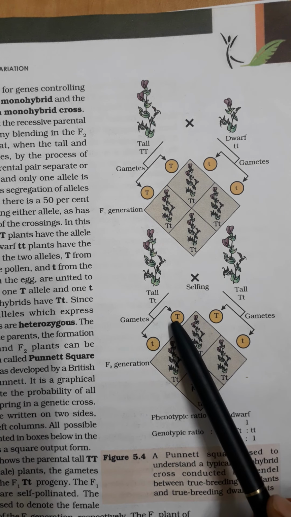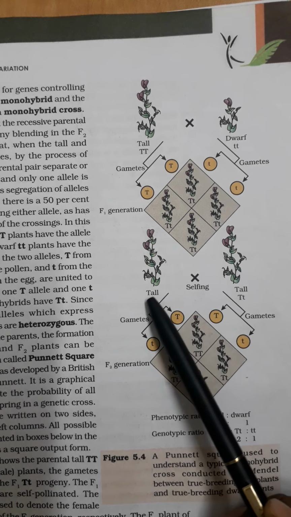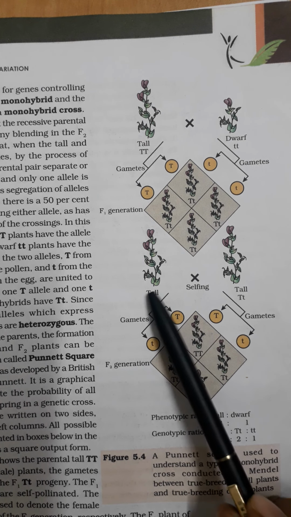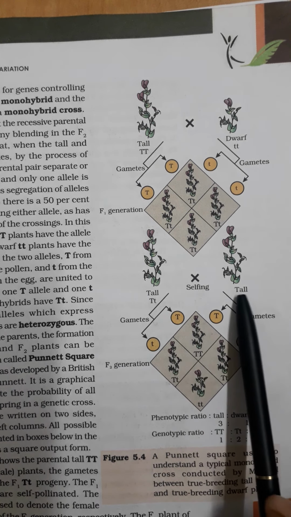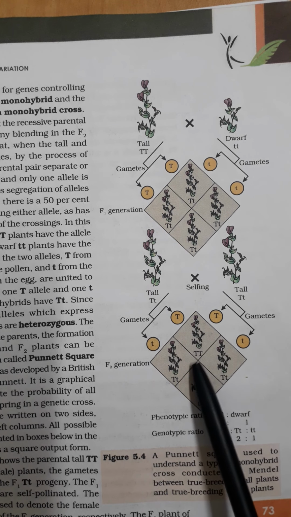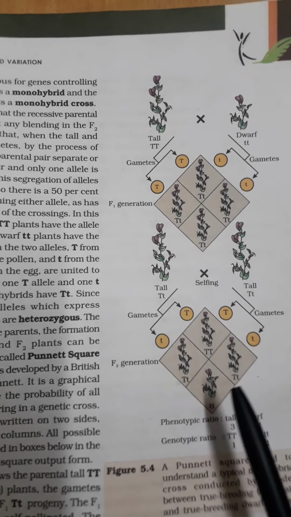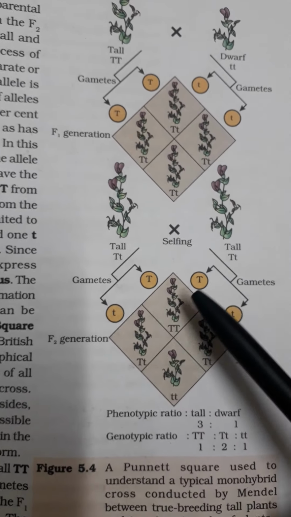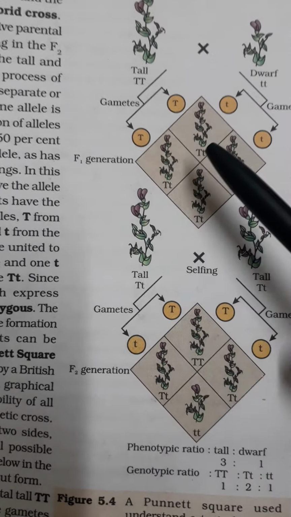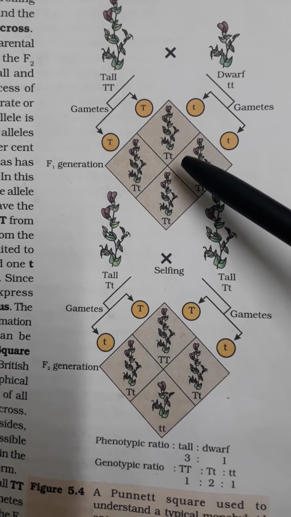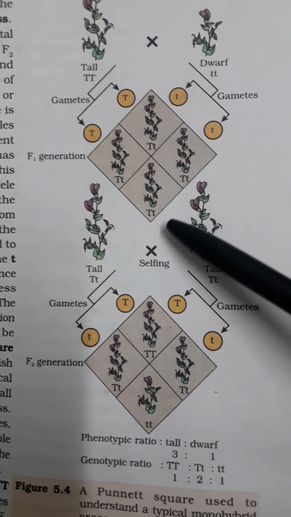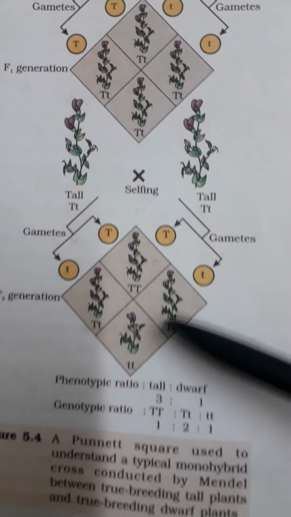Whereas in the F2 generation, the plants produce the gametes capital T and small t, and the other parental plant also produces gametes capital T and small t. So union of the gametes, zygote formation, and the genotype of the progeny. This Punnett square gives information about the formation of the gametes by the parents, union of gametes, and genotype of progeny, whether in F1 or F2.